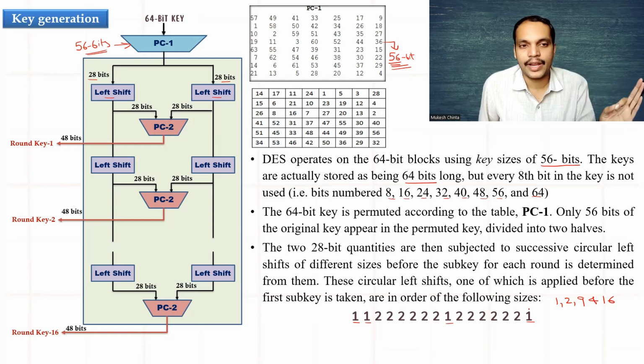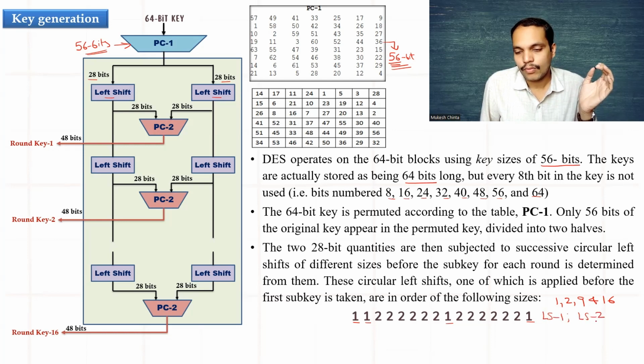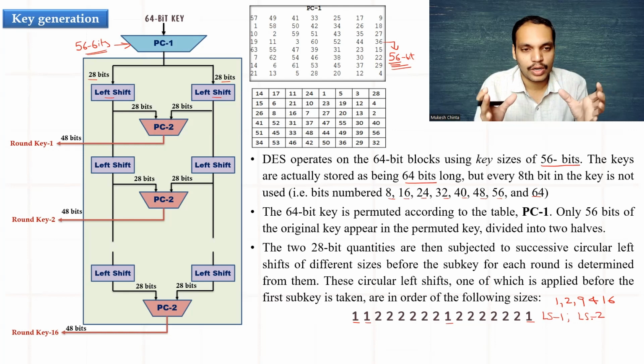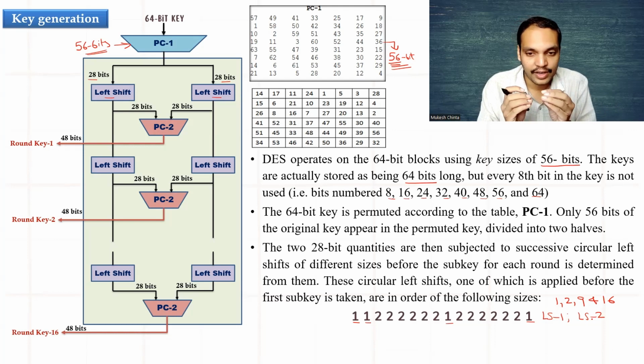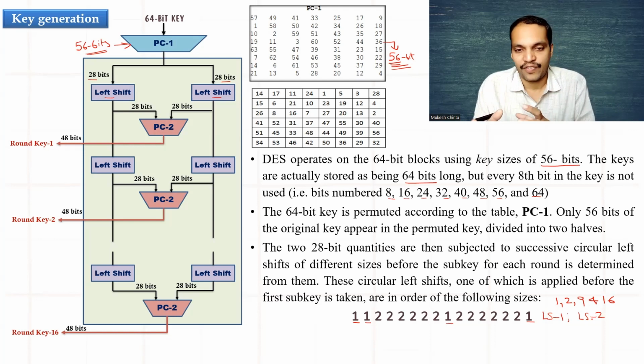And for all the remaining rounds, 3, 4, 5, 6, 7, 8, 10, 11, 12, 13, 14, 15, the left shift is done by 2. So that is LS1 and LS2. There are 2 different left shifts. Please don't confuse yourself by thinking that the left shift is the same for every round. It is fixed, but different rounds will have different left shifts.